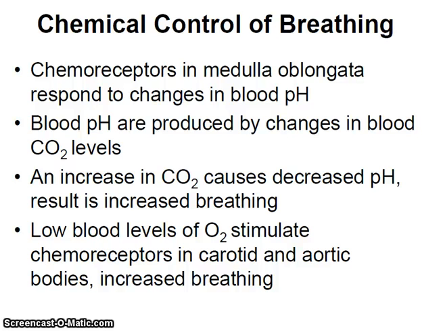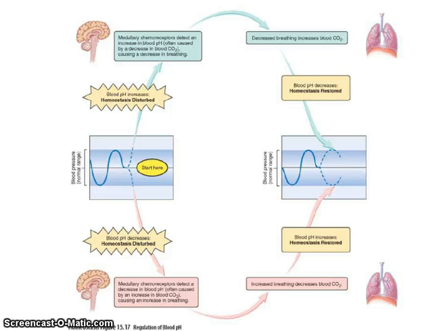They are located in the carotid artery and aortic bodies, and this increases the rate of breathing. So the carotid and aortic bodies are located in the arteries of the same name, in the carotid arteries and in the aorta, and this will cause increased breathing. That makes sense. Low oxygen, increased breathing. And this shows this to you diagrammatically.